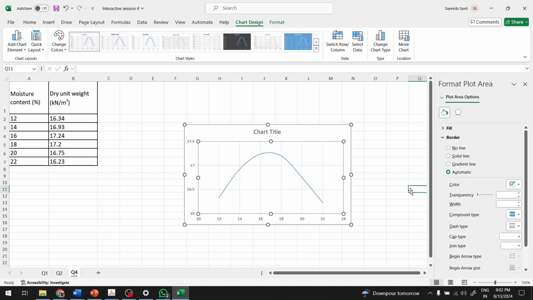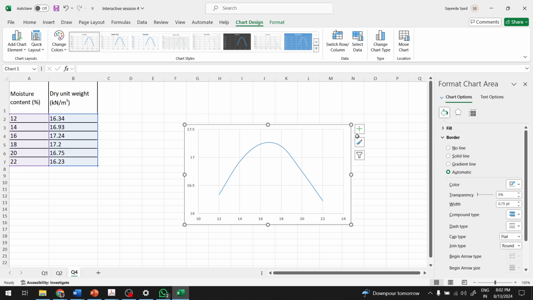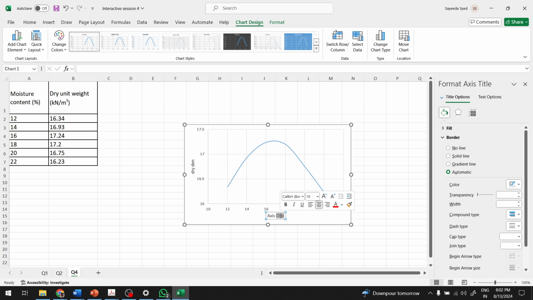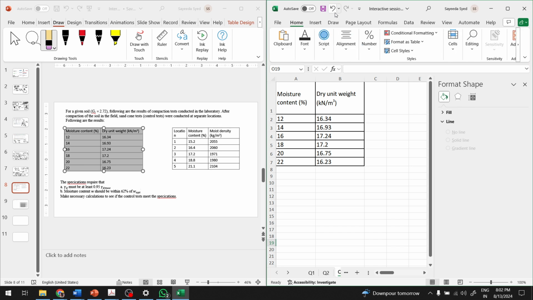We don't need the chart title. Let me include the axis titles. This is the dry density and this is the water content. This is the first part. Second thing, okay, first we need to calculate the OMC and MDD.